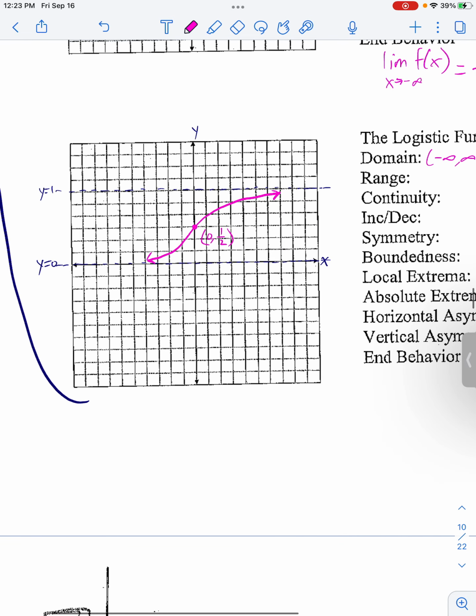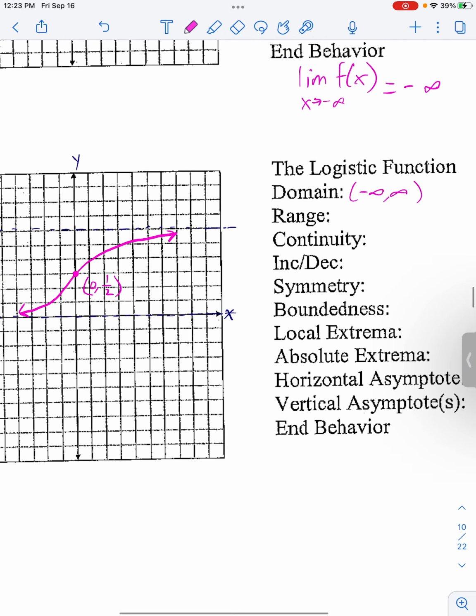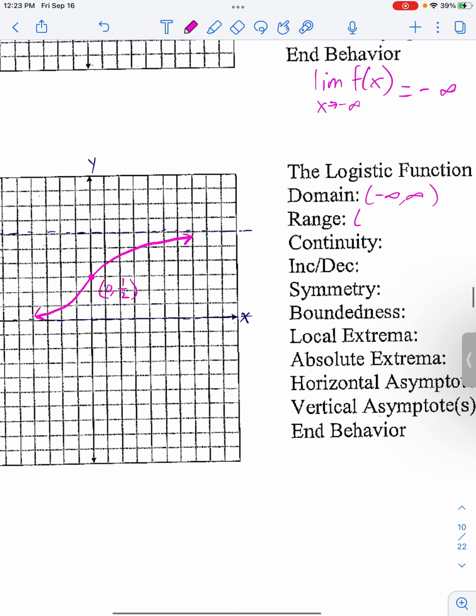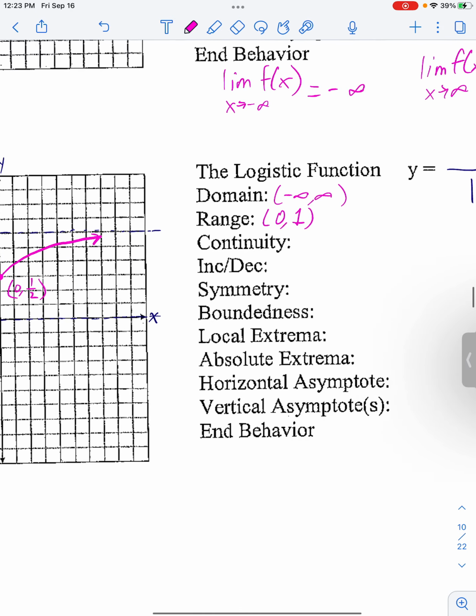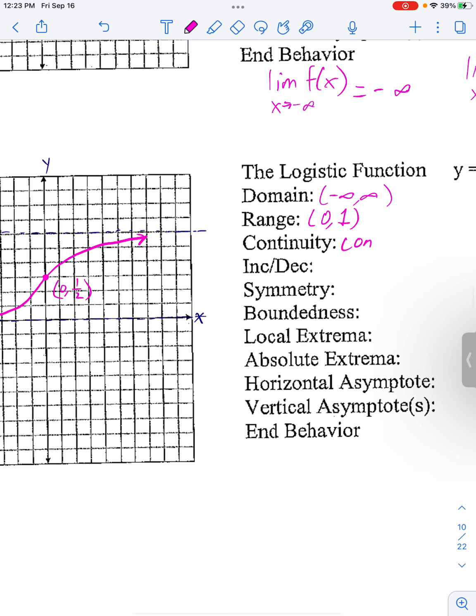Notice how I'm bounded below and above. My graph never dips below y equals 0. It never goes above y equals 1. And actually, it never touches y equals 0 or y equals 1 either, right? So my range is 0 to 1 with parentheses. Continuity is continuous everywhere. There's no asymptotes or holes or jumps.